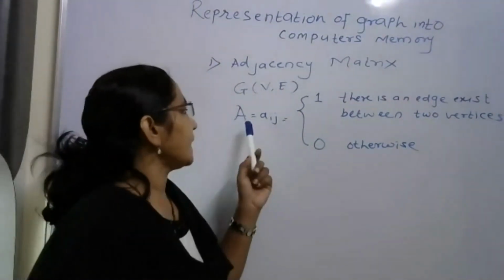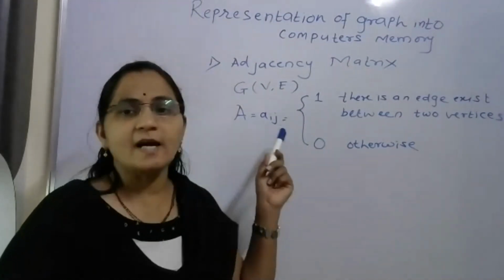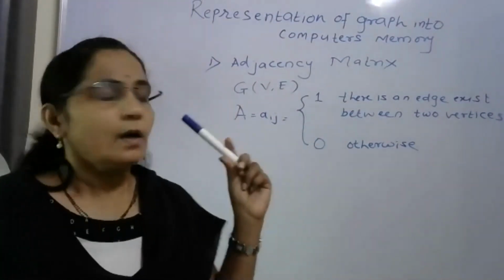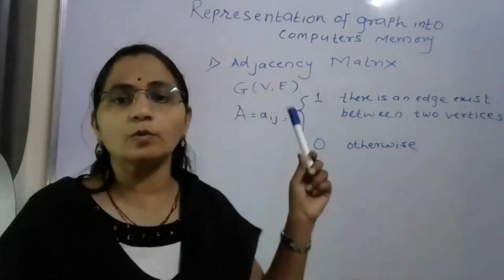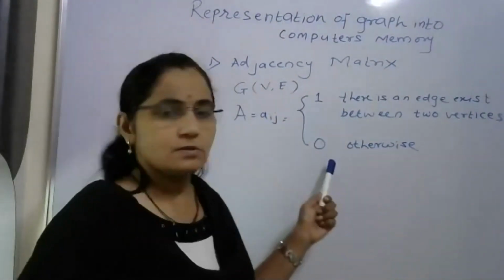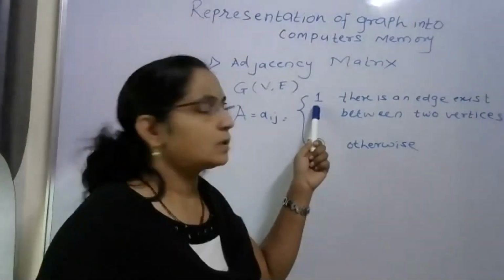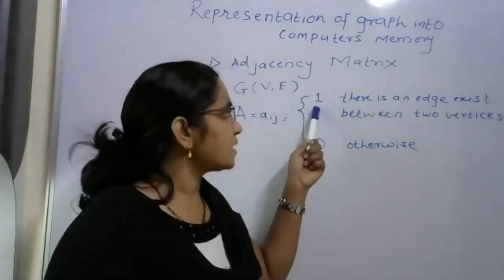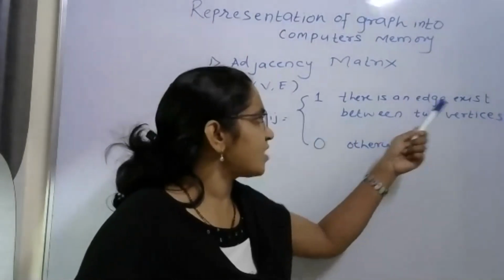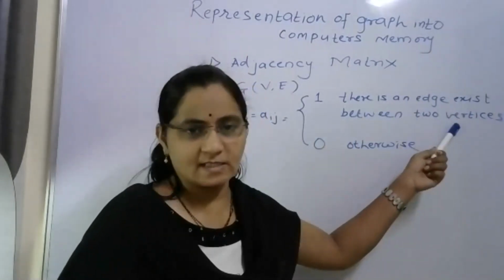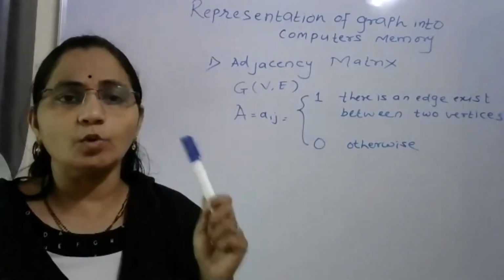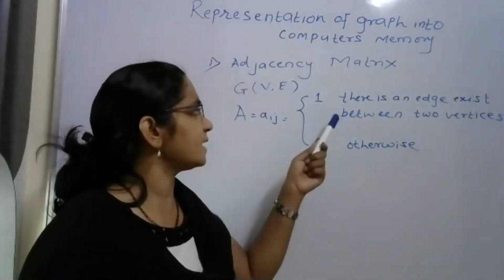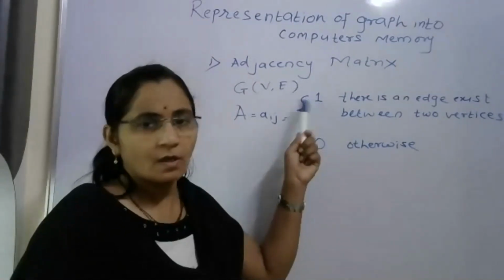Capital A, that is equal to Aij, is the adjacency matrix. To represent a particular graph into the adjacency matrix, you have to put either 1 or 0. When you have to put the value 1, the condition is there is an edge between the two vertices. Means if there is an edge between two vertices, then you represent that edge with 1.